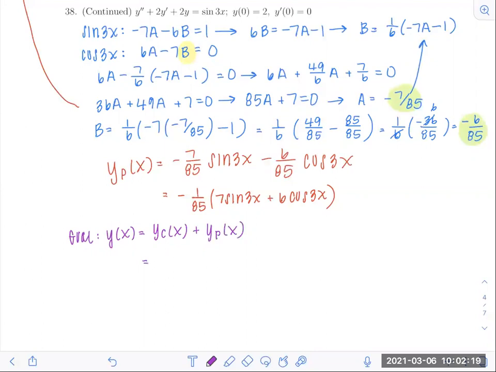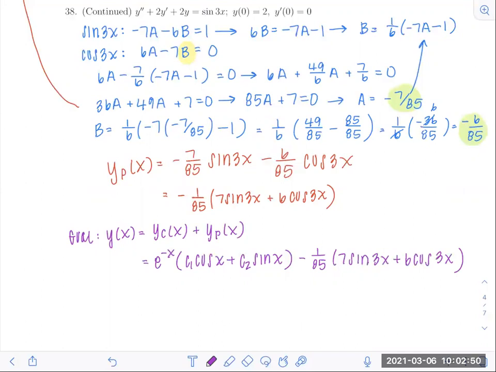And if you'll recall, that was e to the negative x times c1 cosine of x plus c2 sine of x. So that right there is the complementary function. And then I want to tack on the particular solution. So minus 1/85 times 7 sine of 3x plus 6 cosine 3x.